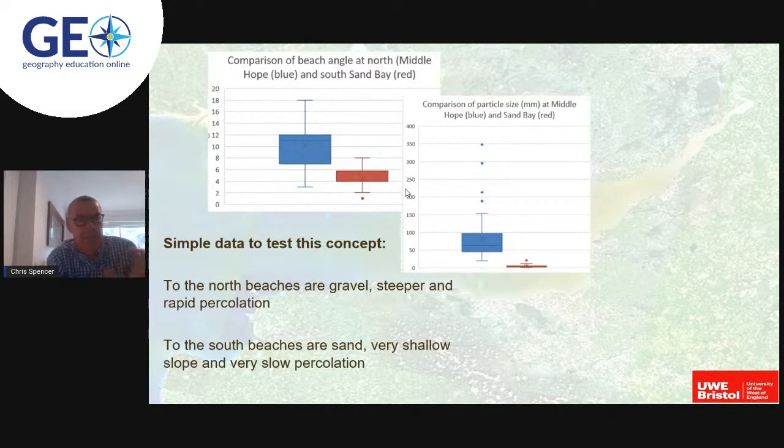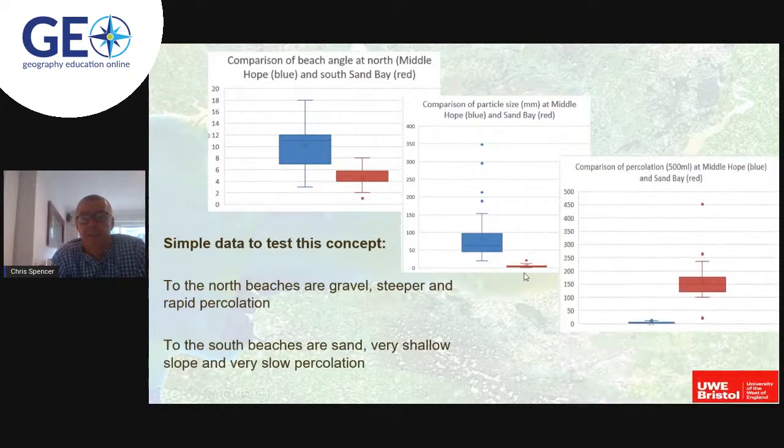We use calipers to measure the gravels, or grain size cards to measure the sands. We have a range of gravel sizes, but coming out somewhere in the region of a mean grain size of 60, 70, 80 millimeters. Sands much smaller. And so we've demonstrated there's a difference in particle size.